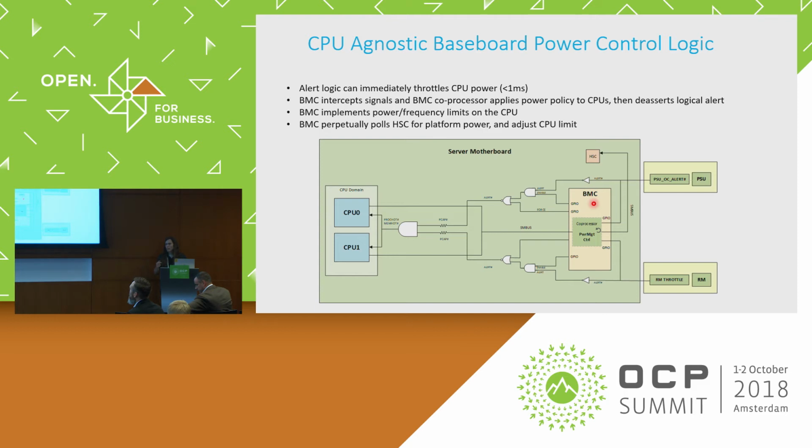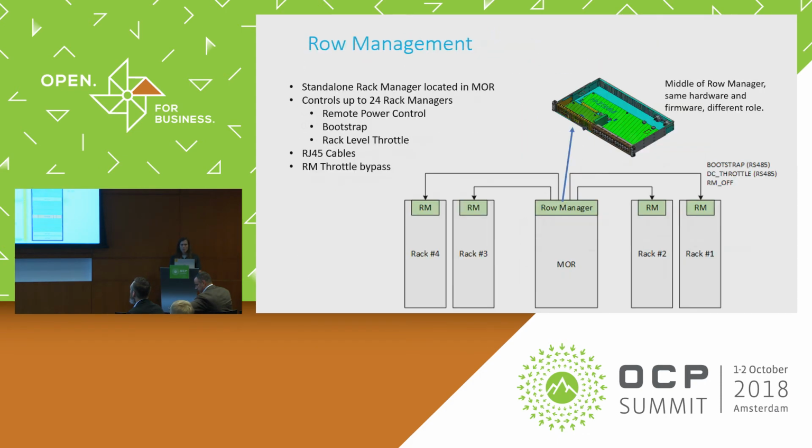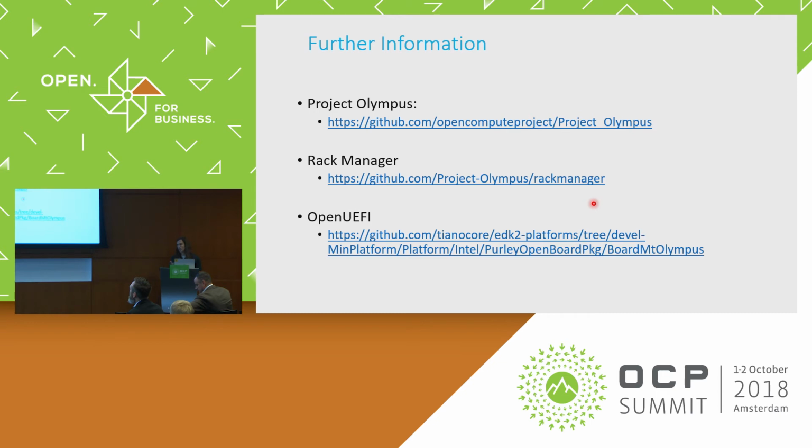There are APIs, and there's a specification published on what those APIs look like. If I skip back down to that link for the Project Olympus collateral, in there is not only the schematics and board files for the infrastructure, but also specifications for the software APIs that you would call to configure these policies, read back the power consumption, and monitor the telemetry. That's all done through Redfish. And for us, our fabric will call those Redfish APIs and do that configuration for us.